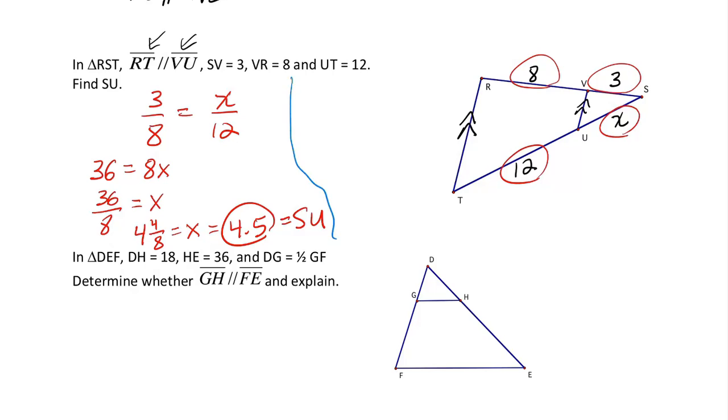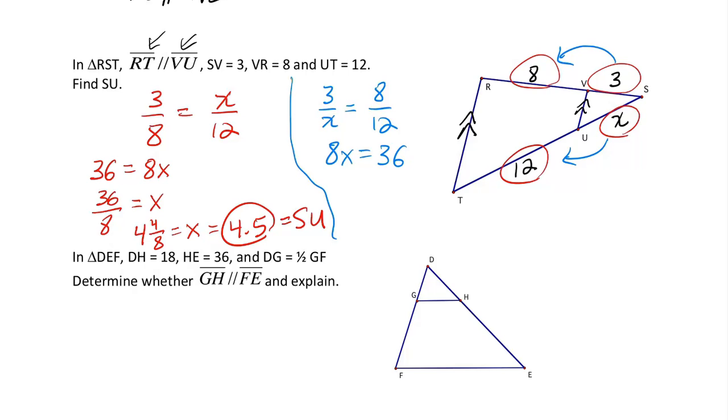Let's try to set up another proportion and see if it works the same. This time I went this way and compared. Would it work if we did 3 over x equals 8 over 12? Notice when we cross multiply, we do get the same 8x equals 36.